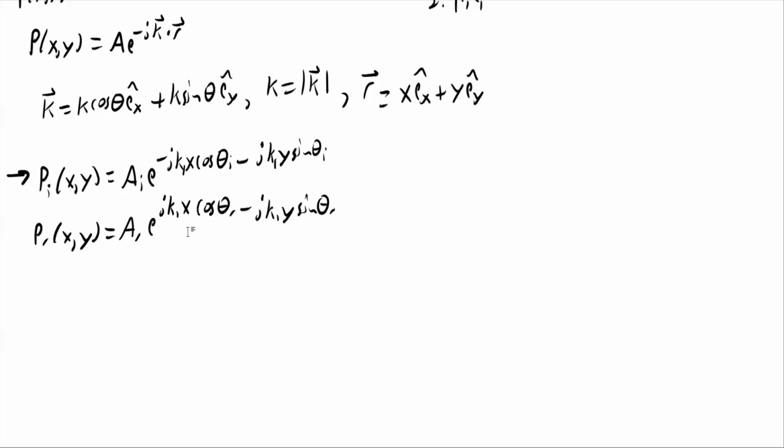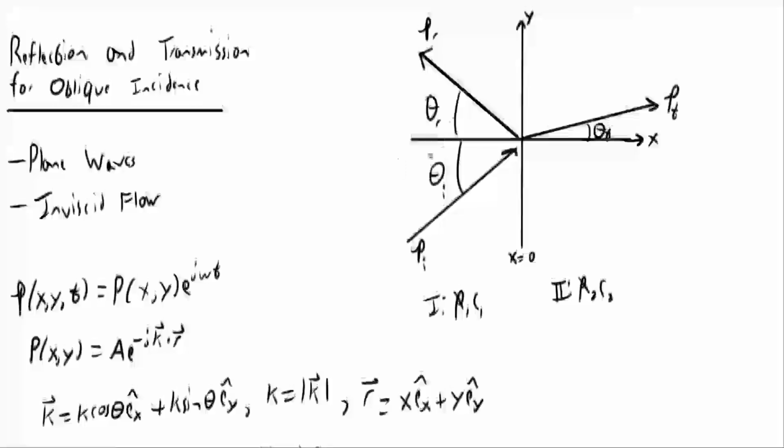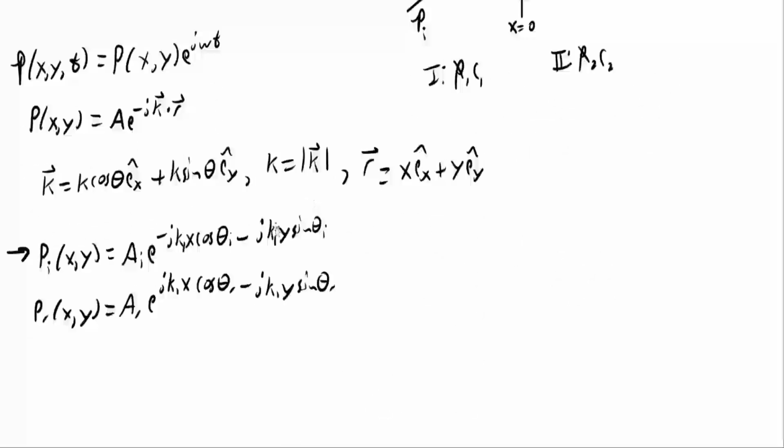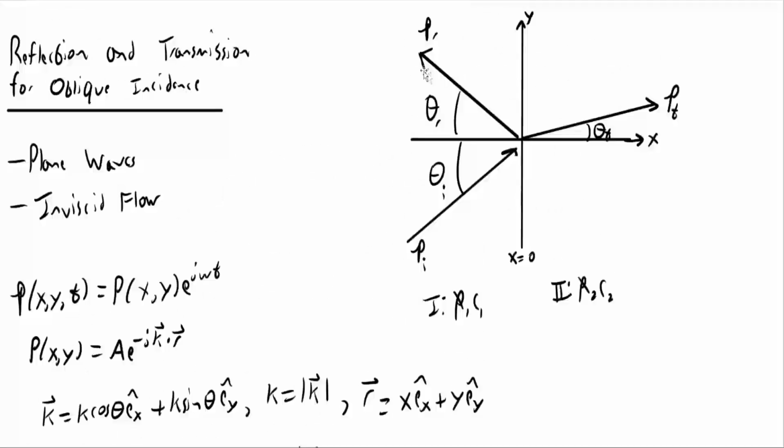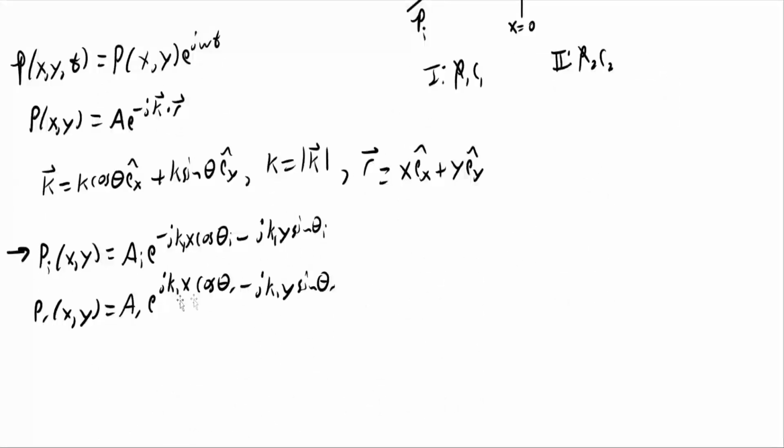And you can see here, I can't show both portions at the same time, but since the reflected wave is going in the negative x direction, the x component of the exponent here is positive because it's a negative times a negative. But like we did with the incident wave, we keep the y component negative.